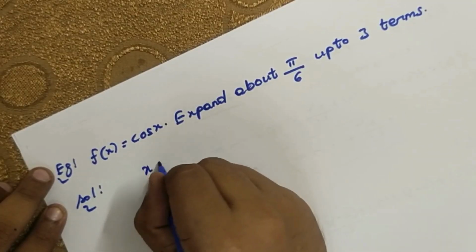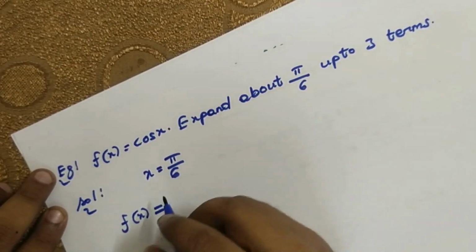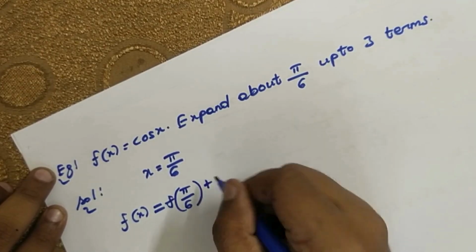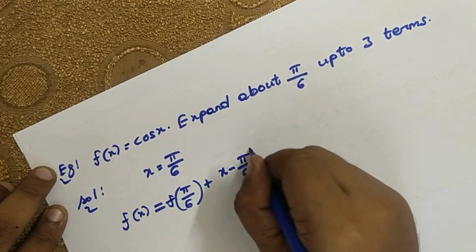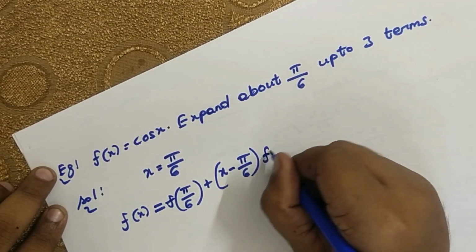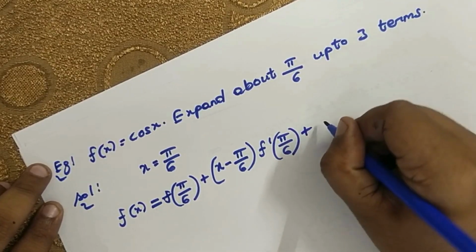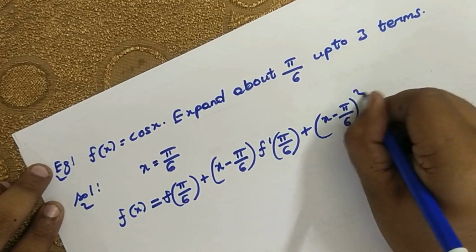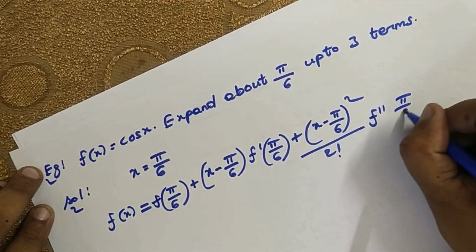So f of x will be f of pi by 6 plus x minus pi by 6 upon 1 factorial into f dash of pi by 6 plus, up to 3 terms, x minus pi by 6 whole square by 2 factorial into f double dash of pi by 6.